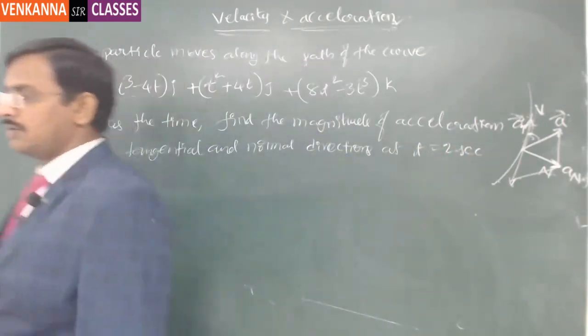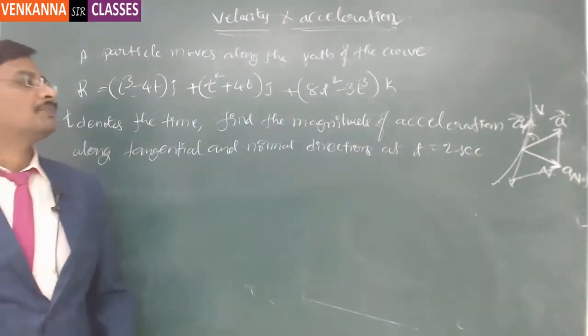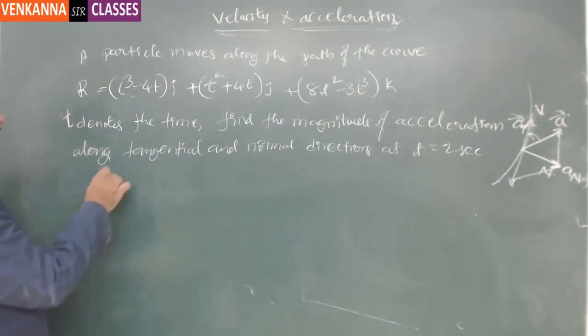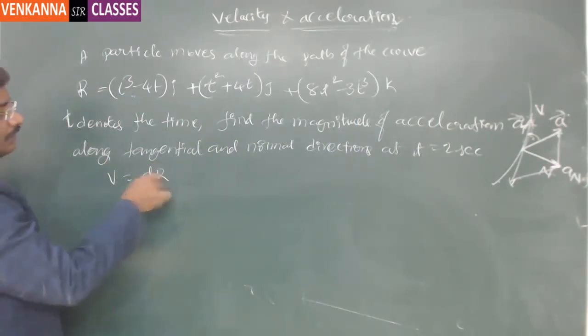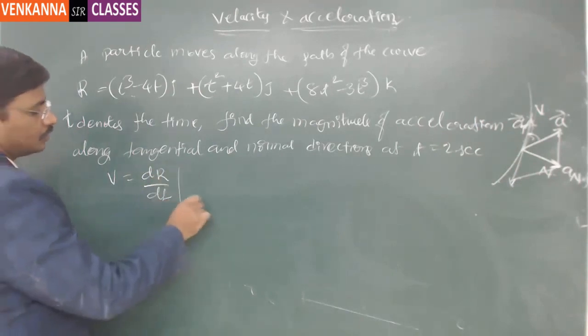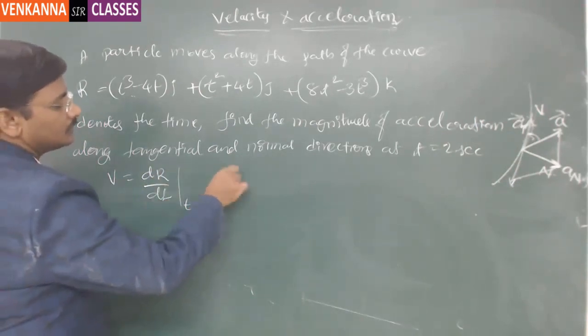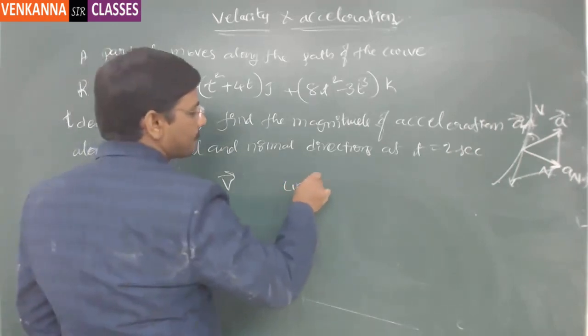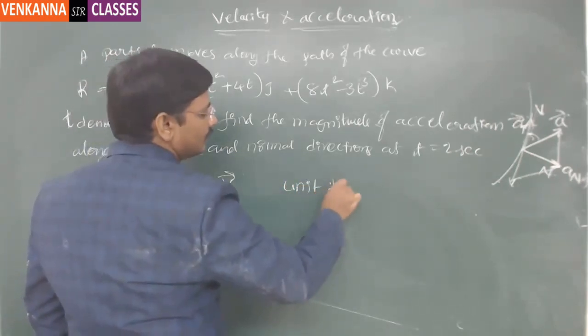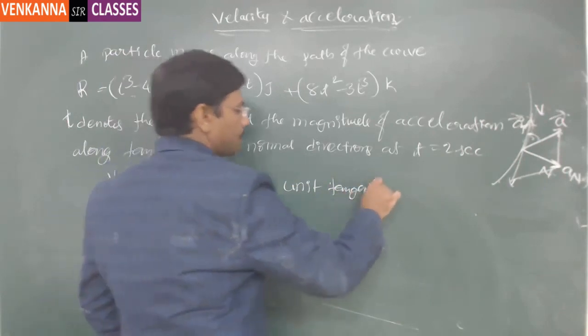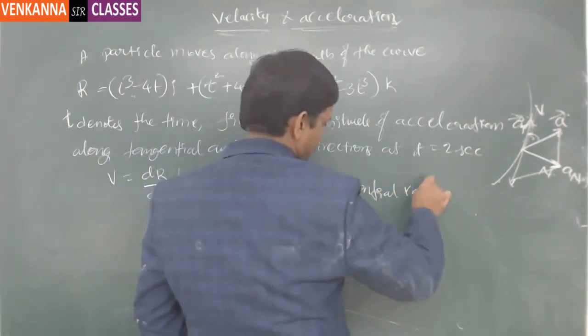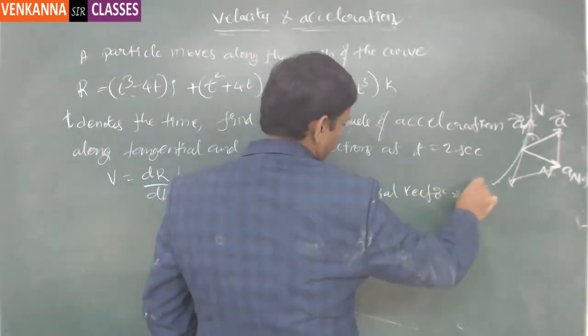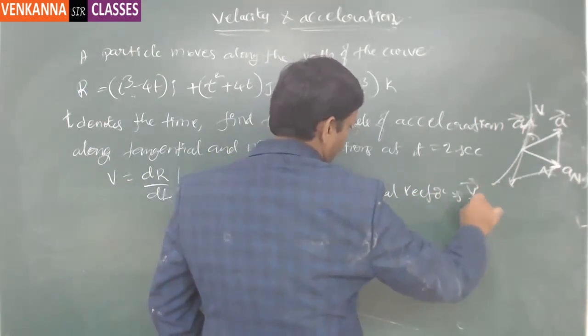This is straightforward. Find out the second derivative of r. The first derivative of r is v is equal to dr by dt, and then substitute t is equal to 2, so you are going to get the v vector. Now the unit tangential vector can be given as v bar by mod v bar.